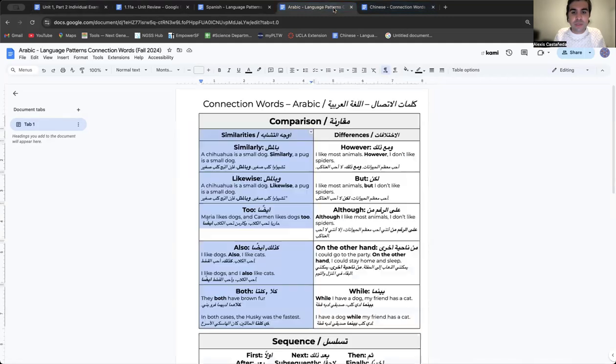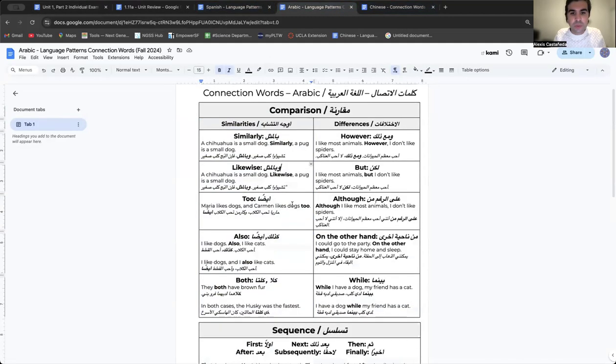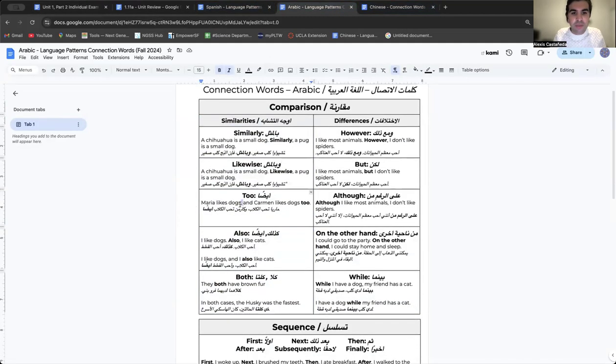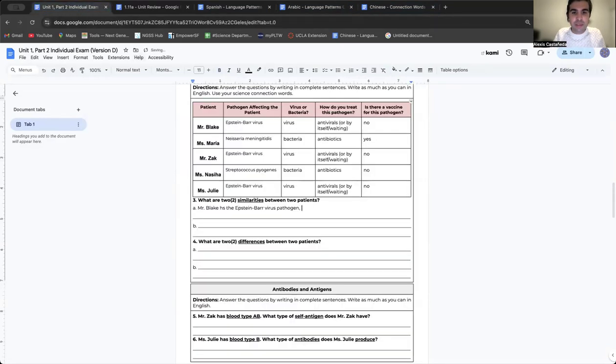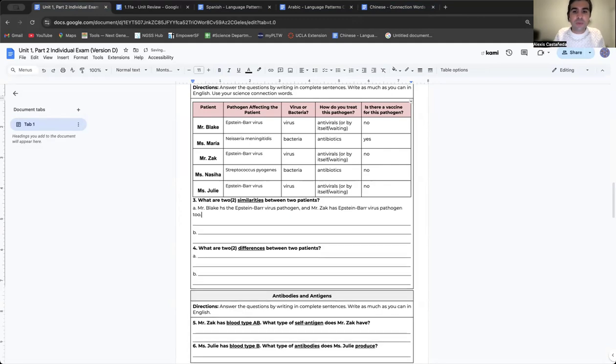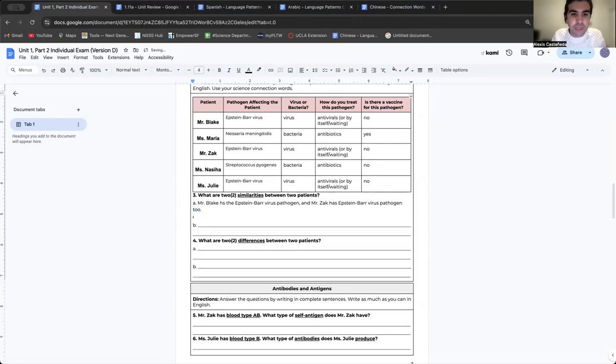And then what I can do is I can use the word two. You can put a comma, and then you put and. Mr. Zach has Epstein-Barr virus pathogen two as well. Okay, word two.